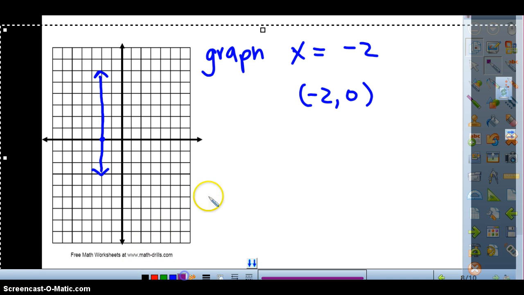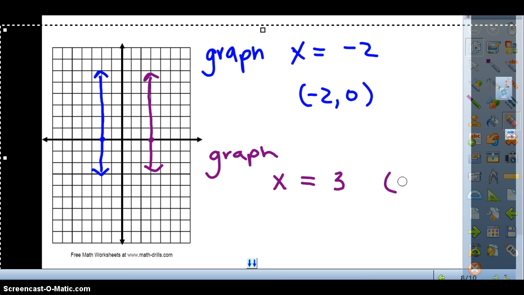So let's say we have to graph x equals 3. What would the line of x equals 3 look like? A vertical line that goes through where? Through 3, 0, or 3 on the x-axis.